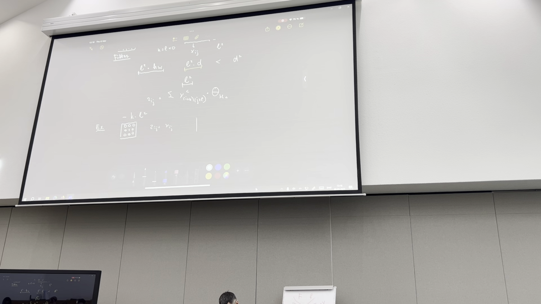Another example of a filter is something like this. All the numbers in this matrix equal each other. It's 1 divided by 9 for this 3 by 3 filter. And basically we take the average over all this neighborhood, the sum of x at i plus k, j plus l, times 1 divided by 9.